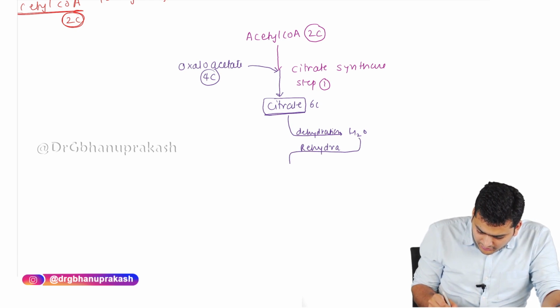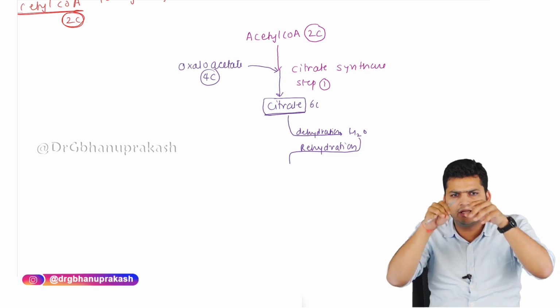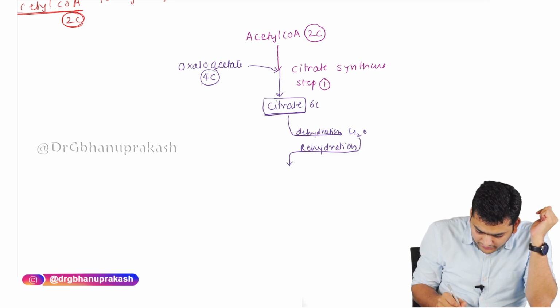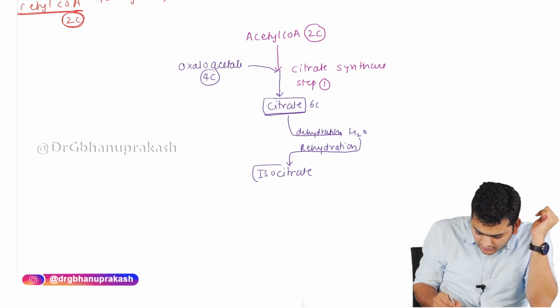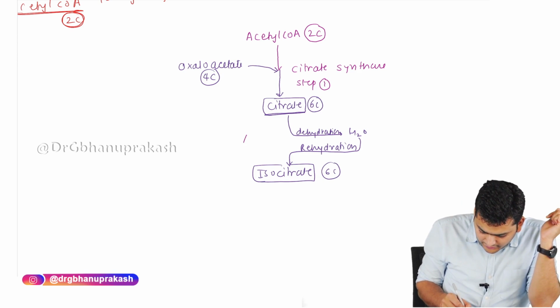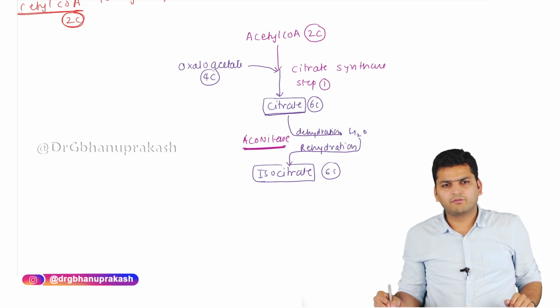So basically, we are doing dehydration followed by rehydration. This 2-step process will convert citrate into a similar molecule called isocitrate, which is also 6 carbon. For this, the name of the enzyme is aconitase. So with the help of aconitase, the citrate will convert into isocitrate.